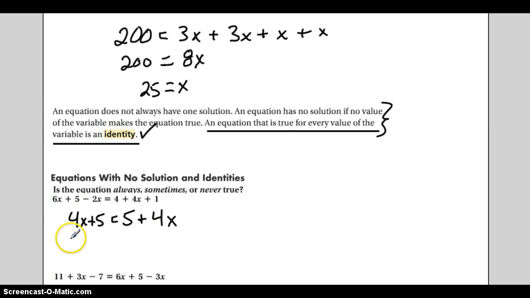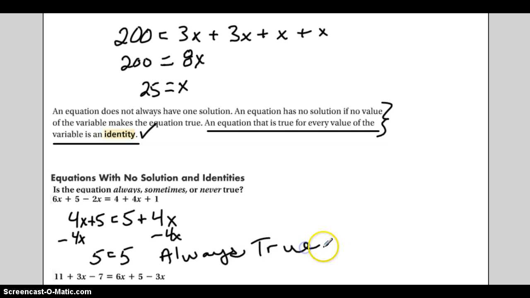So let's just suppose we subtract 4x from both sides. And you're going to have 5 equals 5. This is going to be always true. No matter what you put in for x, it's always going to be true.